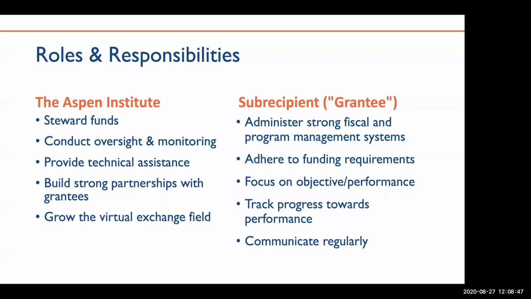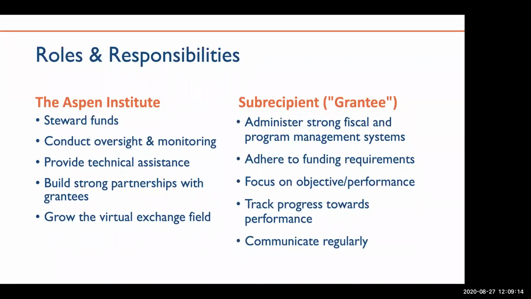You, as the subrecipient, or as the grantee, as we've been calling it, are responsible for implementing the proposed work. So we will look closely in your application at your internal controls, which includes monitoring and oversight, accounting and finance systems, including a general ledger and an HR setup.